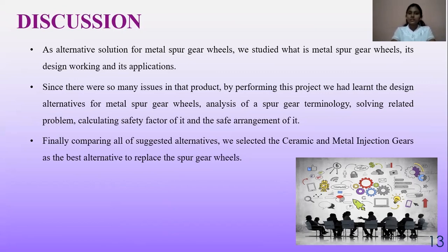Our project is finding alternatives for metal spur gear wheels. First, we studied what metal spur gear wheels are, their design, working, and applications. There were so many issues in the product.